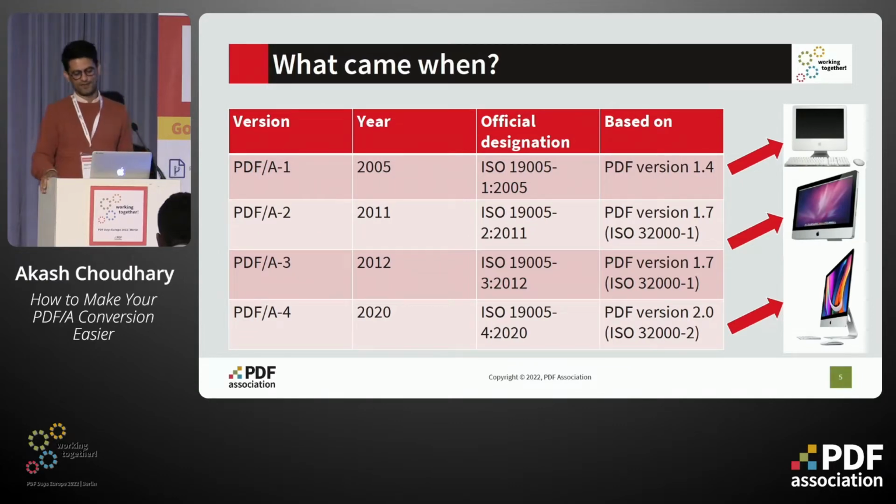Now, if you were using a system back in 2005, probably if it was an iMac, it looked like the right-hand topmost picture. The system, if you remember, was very good for its time, but if you look at it from the perspective of now living in 2022, there will be many applications that won't work as well as on a newer iMac, which you can see if you're also using iMacs or even PCs.